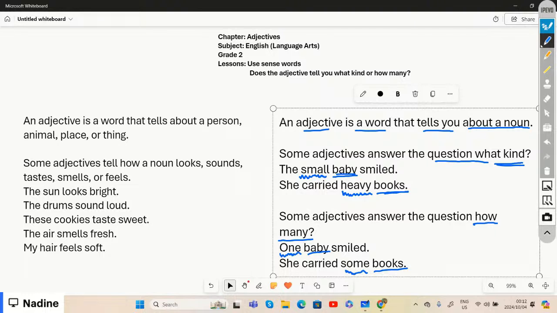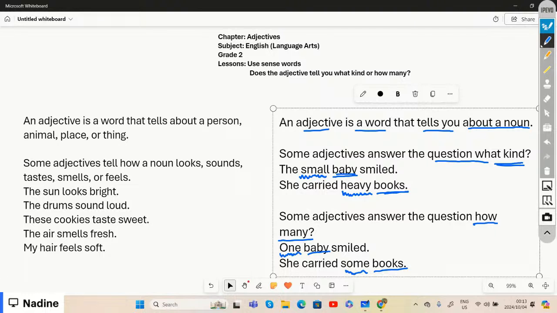Right? So, we said an adjective is a word that tells you about the noun. And some adjectives answer the question, what kind? And also how many. When we ask what kind, we are describing something as in big, small, maybe the color, something that they wear, if it is heavy, if it's light.